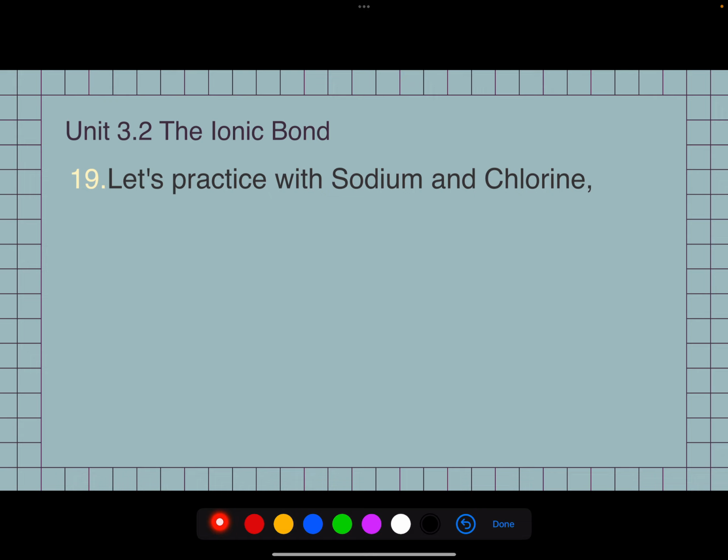All right, so let's practice the sodium and chlorine. We've done this one quite a bit, but just to re-practice it, I'm going to use a different color. I have sodium, I have chlorine. Sodium has one valence electron, chlorine has seven.